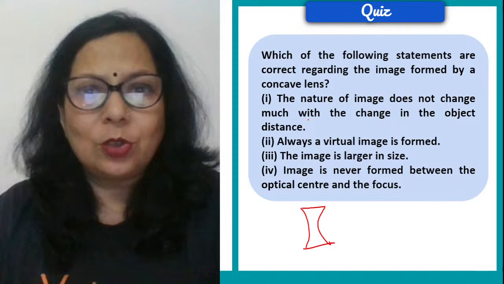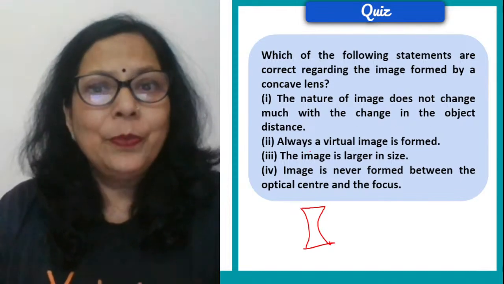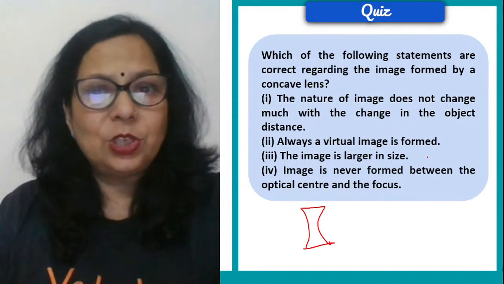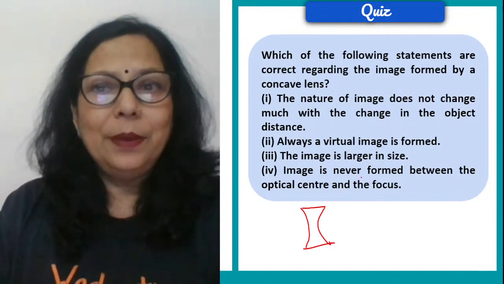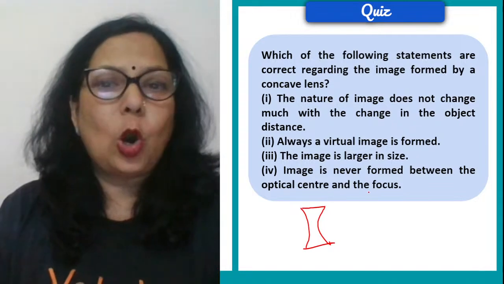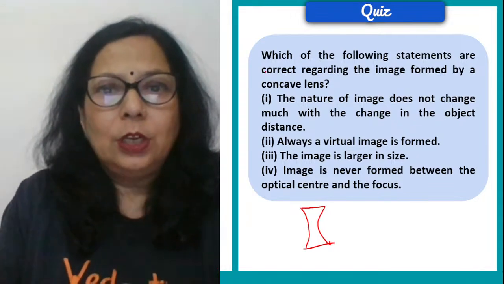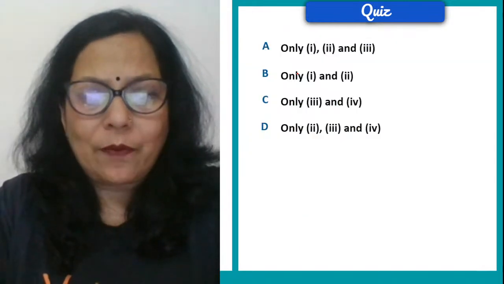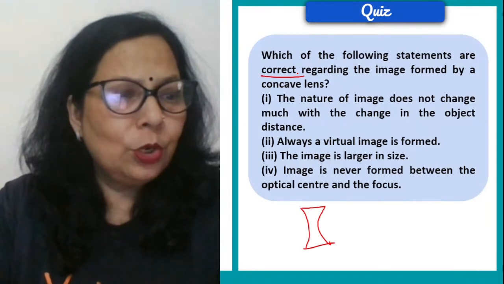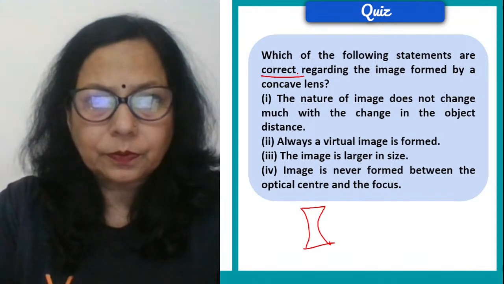The nature of the image does not change with the change in the object distance. Always a virtual image is formed. Image is larger in size. Image is never formed between the optical center and the focus. Let me see which options they have asked for. So first you note down the options.